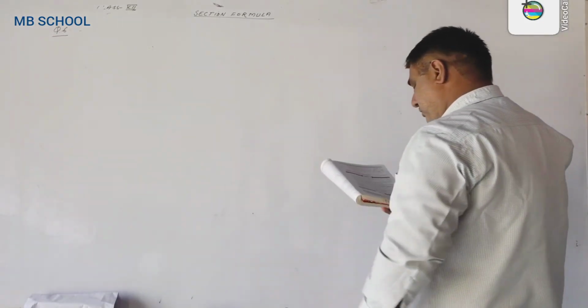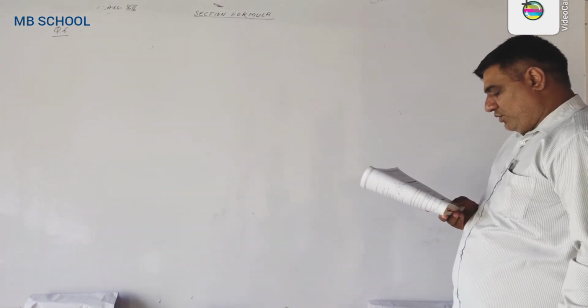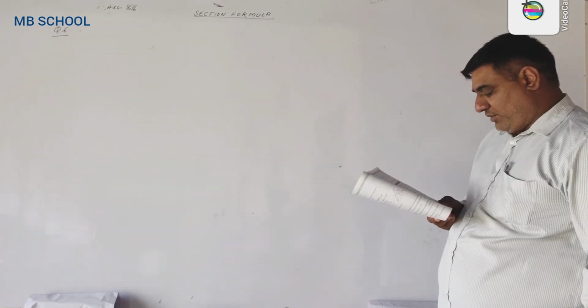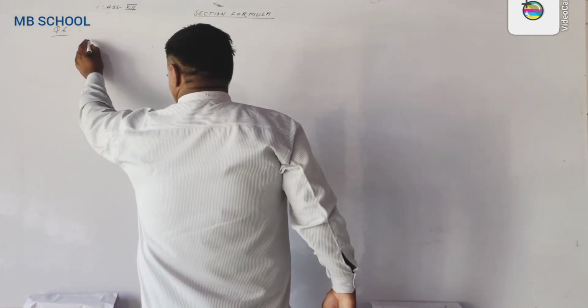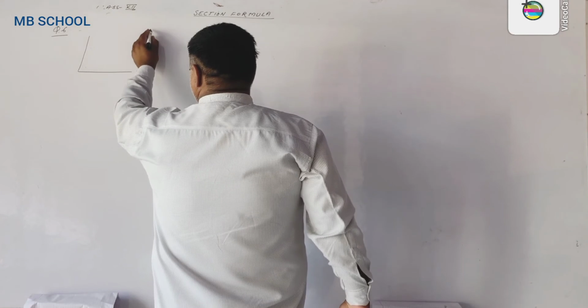If P and Q are the midpoints of the diagonals AC and BD respectively of a quadrilateral ABCD, we are given a quadrilateral ABCD like this.